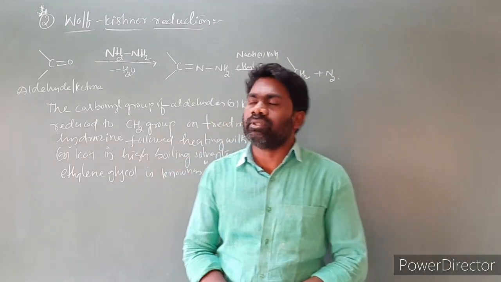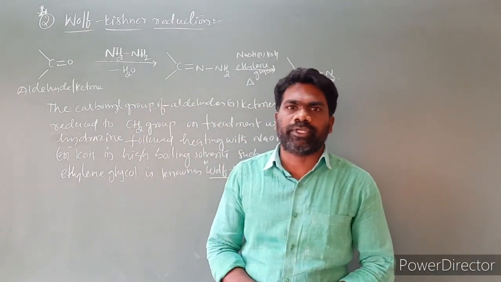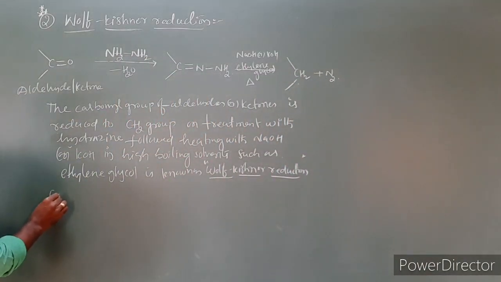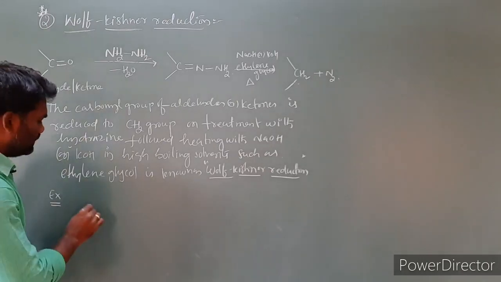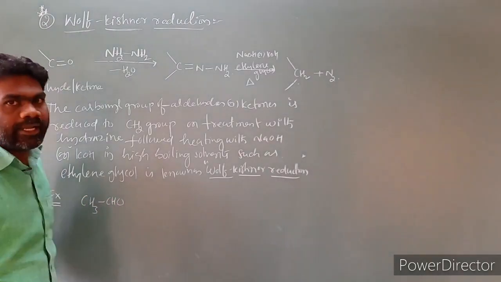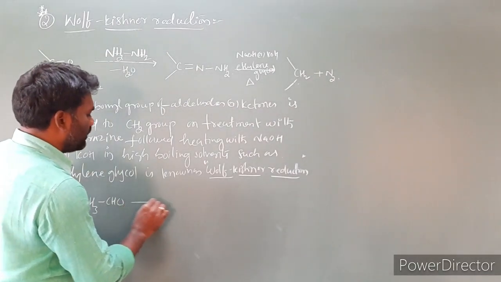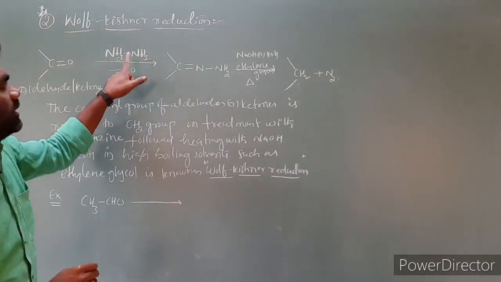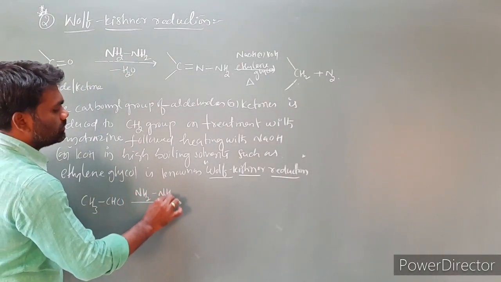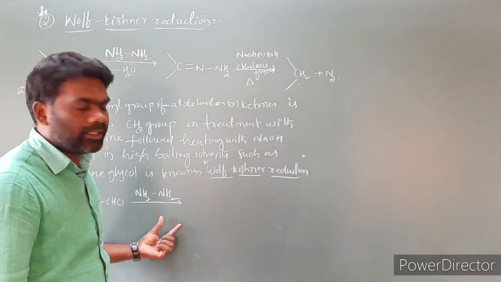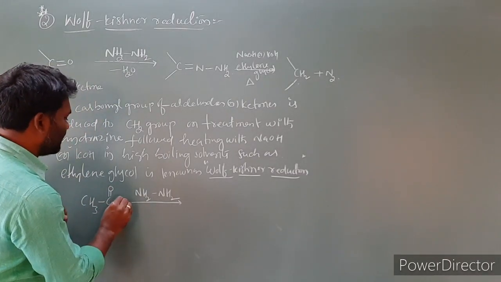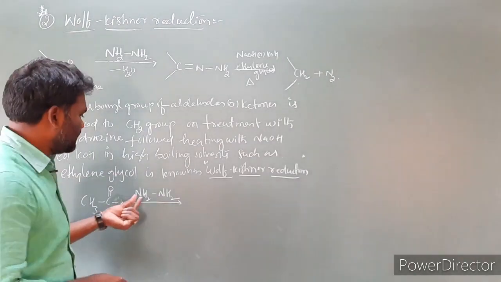Now let us look into some examples for Wolff-Kishner reduction. I am taking CH3CHO, an aldehyde. First we have to treat it with hydrazine, NH2-NH2.